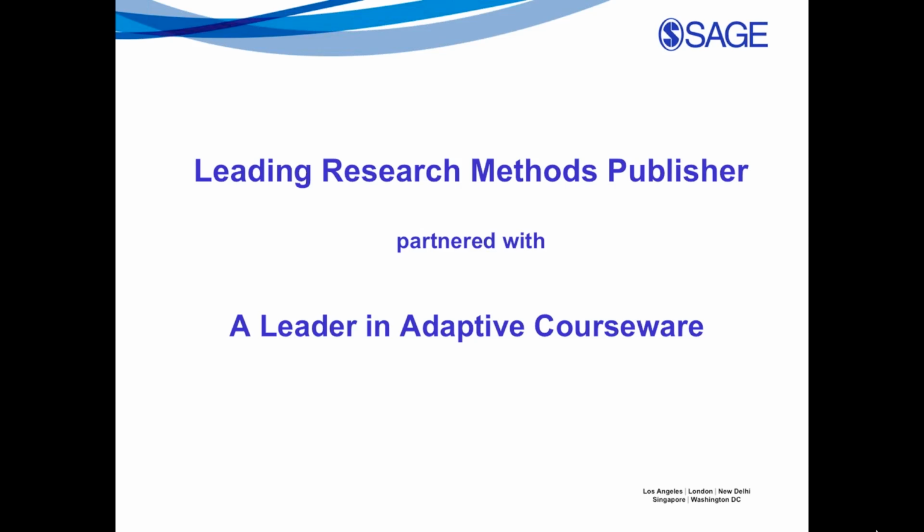Our company has been at the forefront of developing new approaches in methods, evaluation, qualitative methods, mixed methods. And then Acrobatiq, our partner, is a learning optimization company backed by Carnegie Mellon University. And Acrobatiq builds on CMU's historic strengths in cognitive and learning science, human-centered experience design, and software engineering.